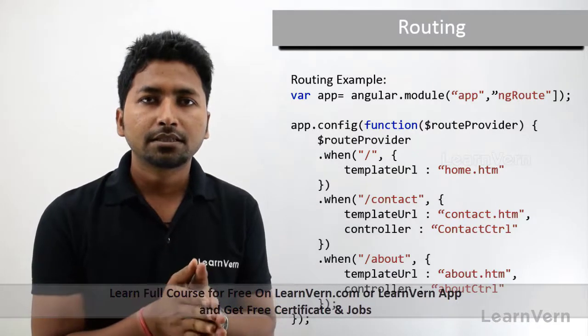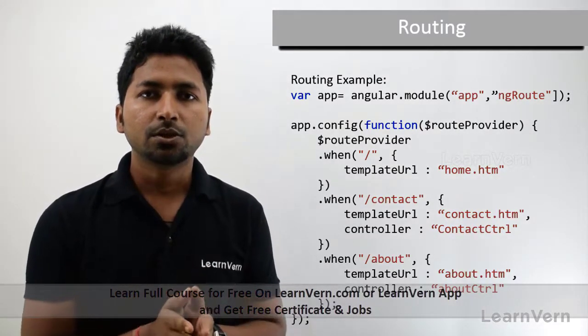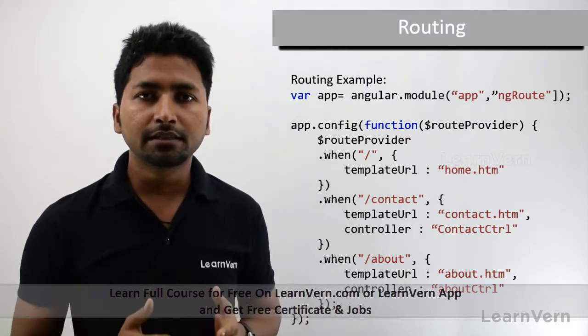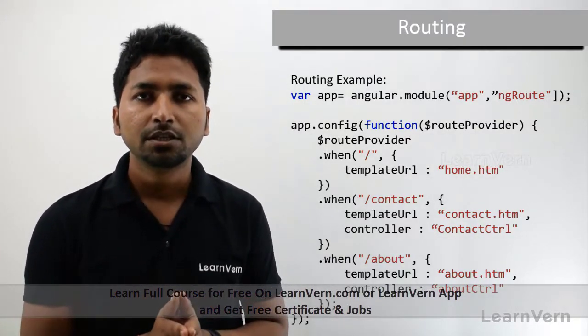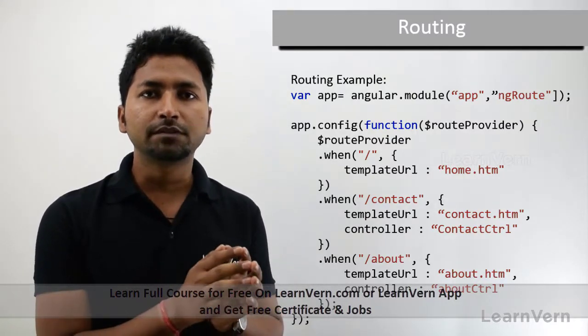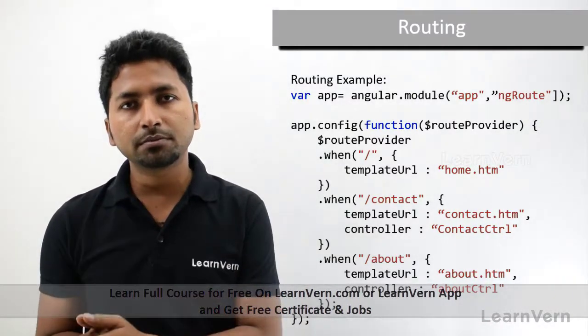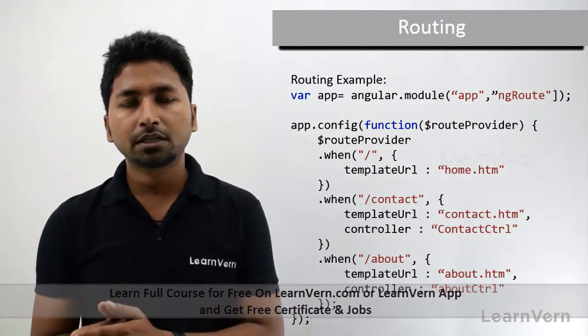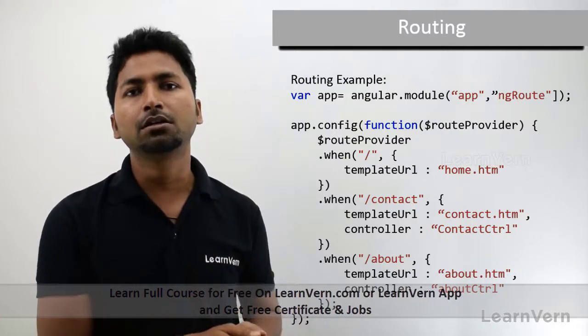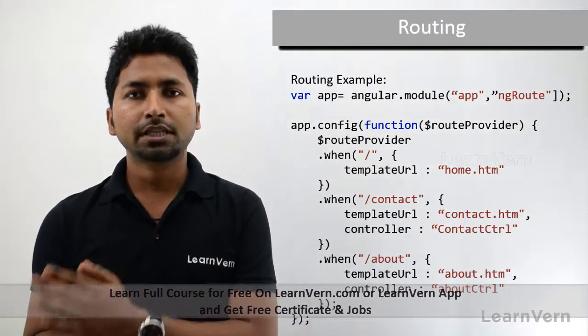That is something like what routing is. I don't handle that, it's handled by AngularJS itself. Angular checks what the URL is right now. If it is home, it will call the home view and home controller, and whenever it is contact, it will automatically call the contact controller and contact view.